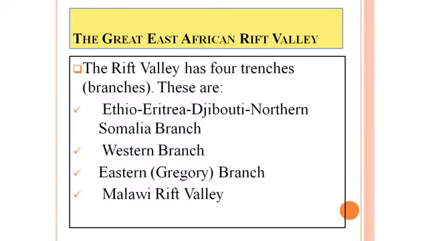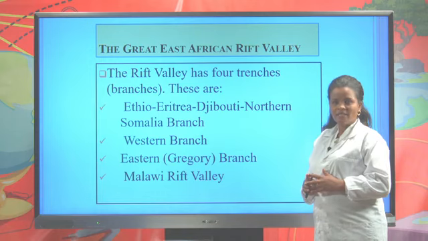The Rift Valley has 4 branches. They are the Ethio-Eritrean, Djibouti, Northern Somalia branch, the Western branch, the Eastern branch, and the Malawi Rift Valley branch. The Great East African Rift Valley was formed during the Cenozoic era at the Tertiary period.